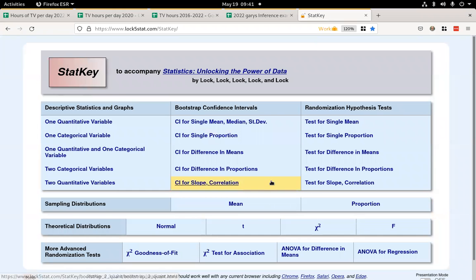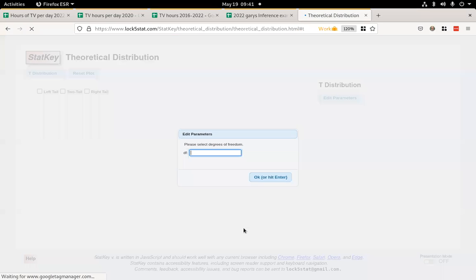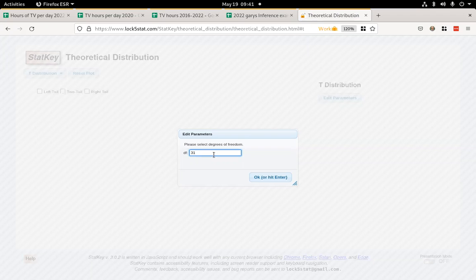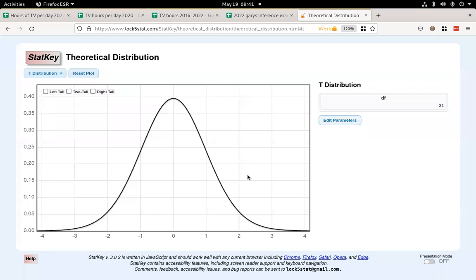So if I jump over to StatKey theoretical t-distribution, first thing it says, hey, what's your degrees of freedom? Well, it's always the sample size minus 1. My sample size was 32, so I enter 31 degrees of freedom. Okay. And then I do a two-tail, 95 in the middle, and it says my t-score should be about 2.040 to 3 decimal places.